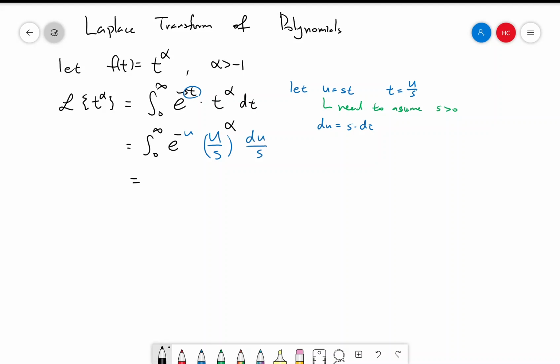So rearranging terms, this is equal to the integral from 0 to infinity of e to the -u times u to the alpha times 1 over s to the alpha plus 1 du. We can take the constant part out. So this is equal to 1 over s to the alpha plus 1 times the integral of the remaining terms.